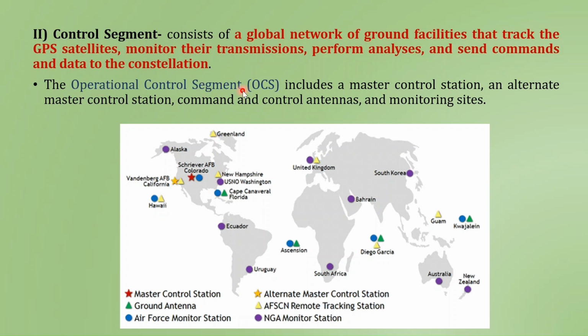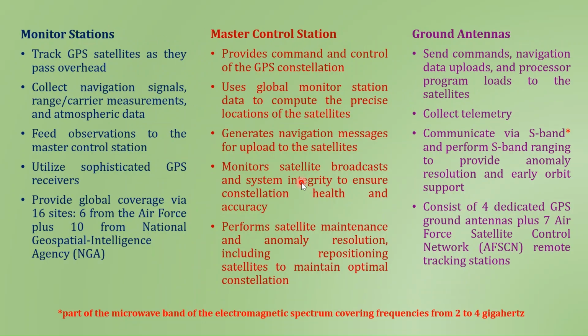The operational control segment includes a master control station, then alternate master control station, Air Force Satellite Control Network remote tracking station, ground antenna, Air Force Monitor Station, then National Geospatial Intelligence Agency Monitor Stations. So we have different stations at different locations and each station has different functions. Here we have the compilation of the functions for each of the stations.